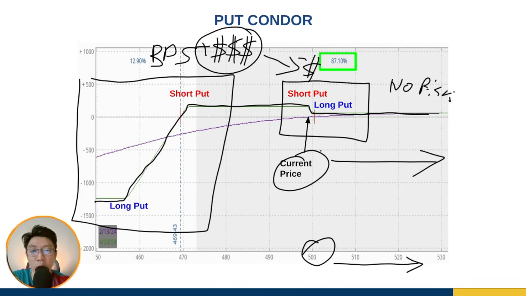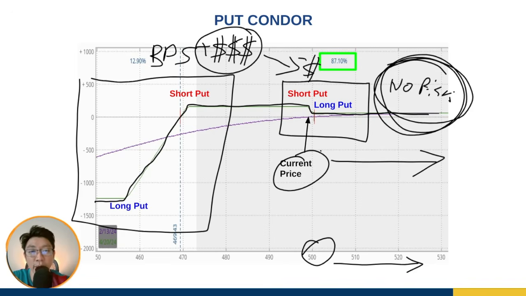So if you receive a credit of $1, then you want to purchase this put debit spread for less than $1. If you purchase it for less than $1, that is how you can get no risk to the upside. So that is why this strategy is pretty good, because it also has a pretty high win rate.